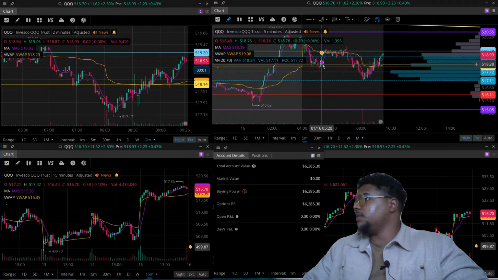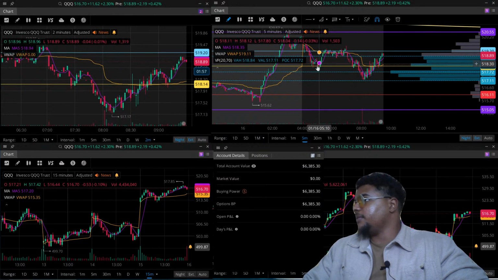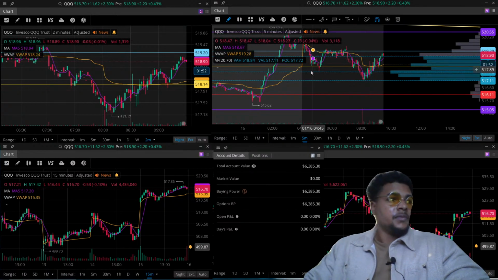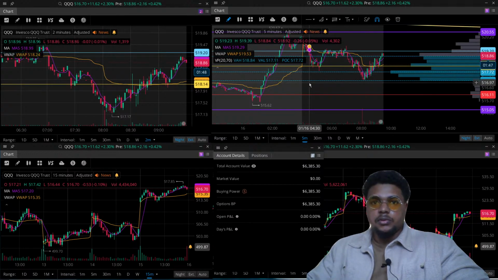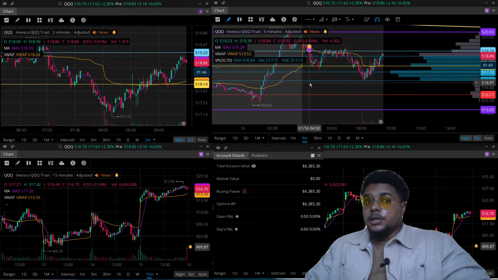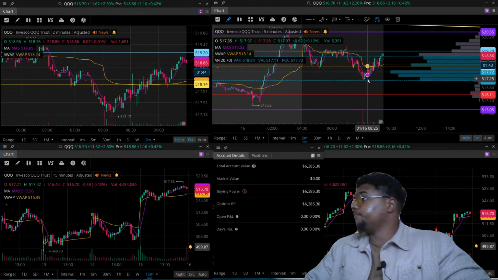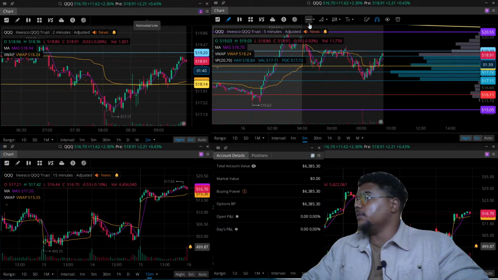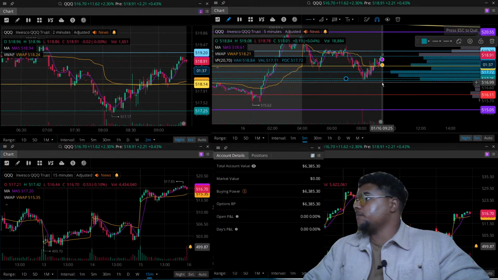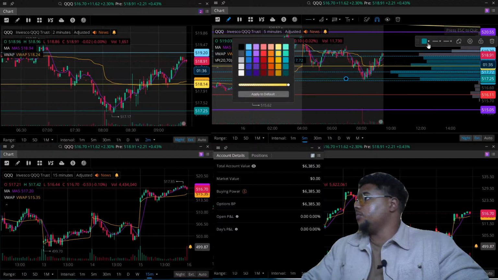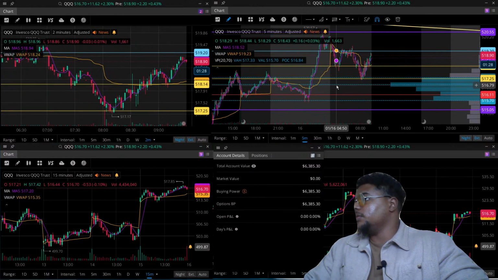It's a sharp move up in the pre-market that happened here, that's why I plotted that. Then I'm going to put another yellow line right here, just to where that up move began.